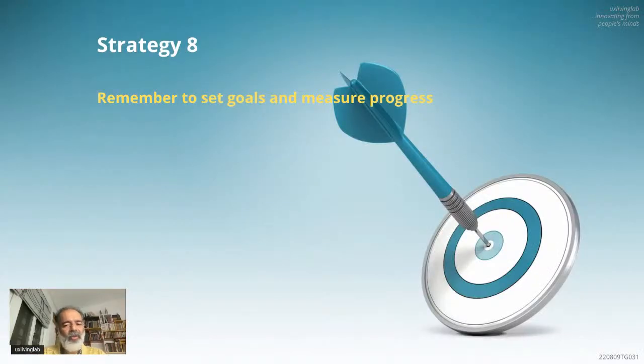Then comes the eighth. Remember to set goals and measure the progress. Everybody knows that we have to set the goal, but some companies say that we will be setting the goal later, not now. The project is very big, and there are a lot of possibilities for outcome, so it's better not to set the goal now.